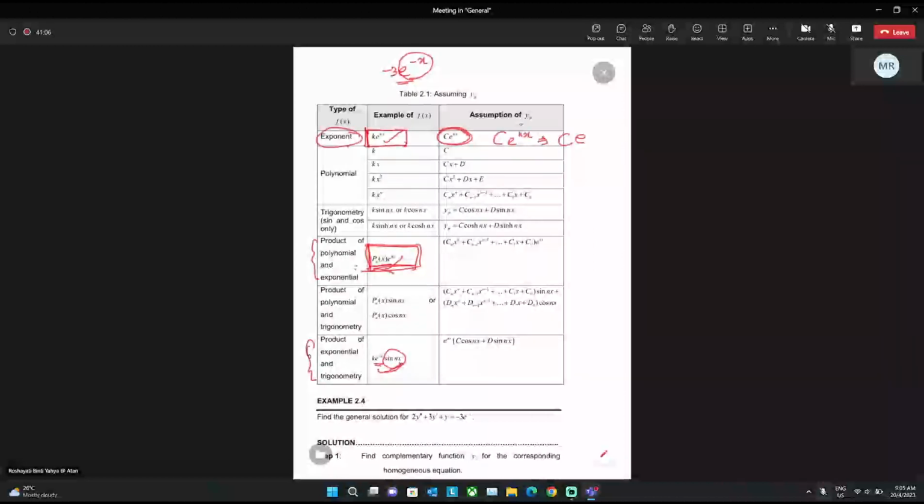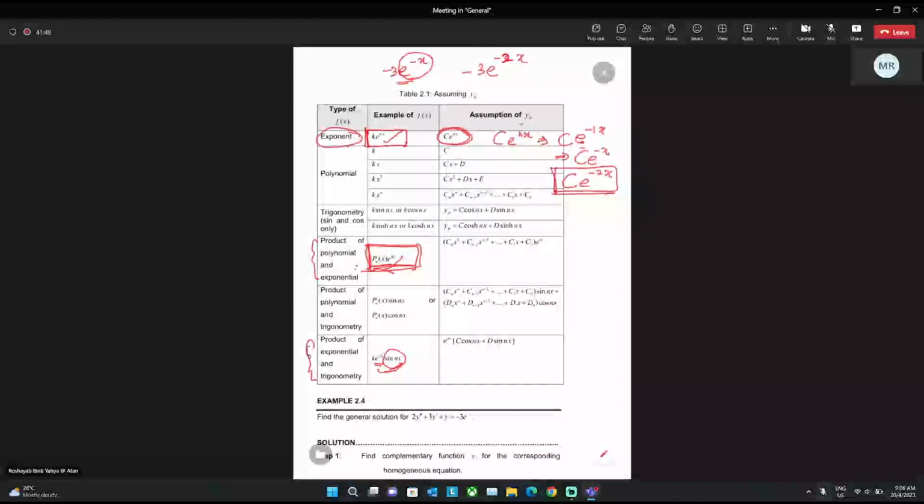Now your n here refers to the power of your exponential. The power here is negative 1, so n is negative 1 and then x. So this becomes C exponential negative x. If you have negative 3 exponential negative 2x, your yp becomes C exponential negative 2x.